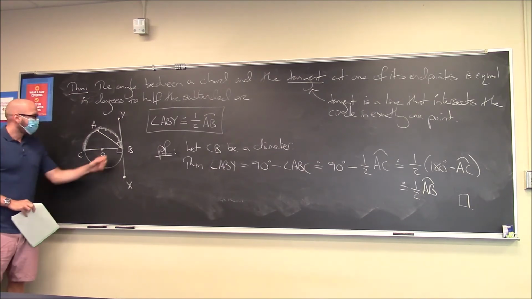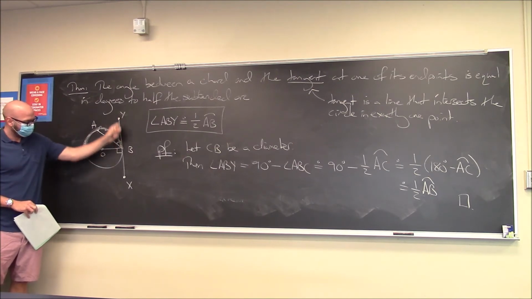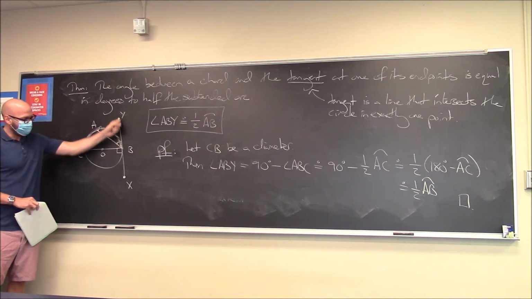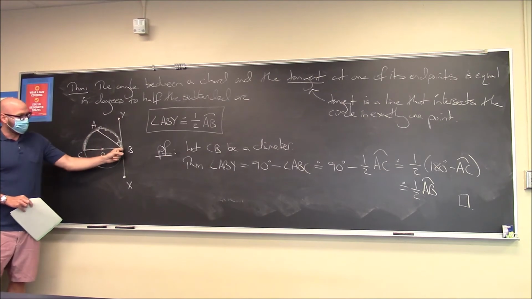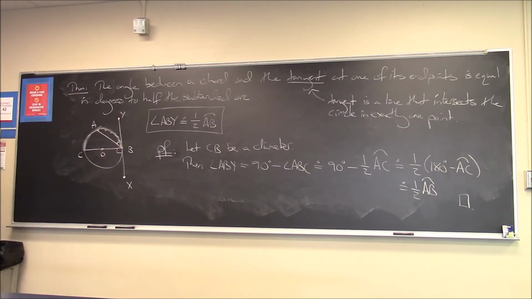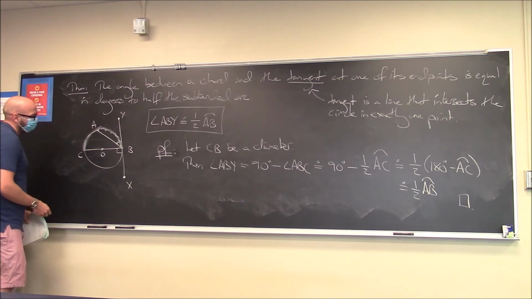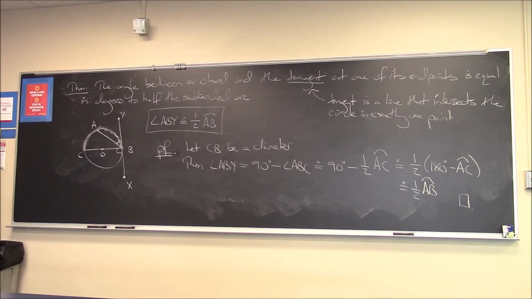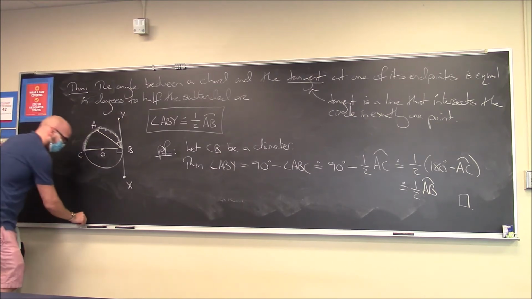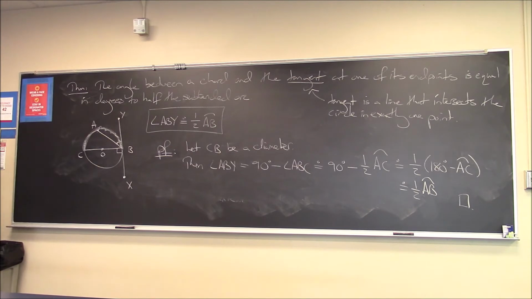So, again, I leave it to you to convince yourself that this always happens, right? If I have a tangent and a diameter meeting at the same point, then they must always be perpendicular to each other. Lots of ways you can show that.